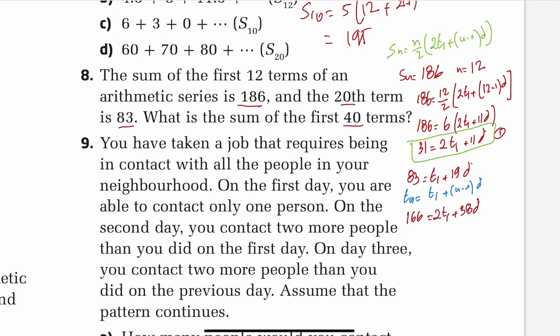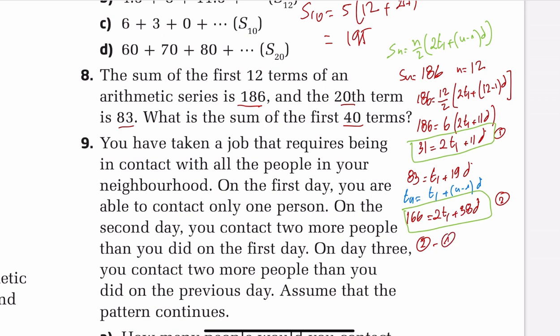Now I have another equation. Because I have two equations with two unknowns, unknown d and unknown t1, I can use the second one minus the first one.